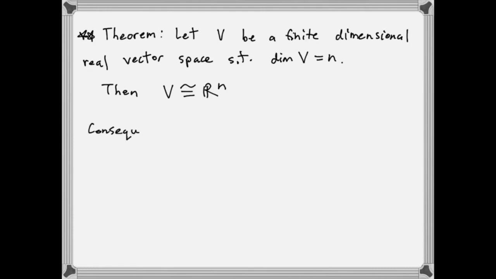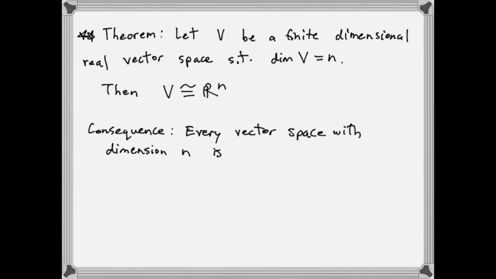The consequence of this theorem: every vector space with dimension n is isomorphic to Rn.